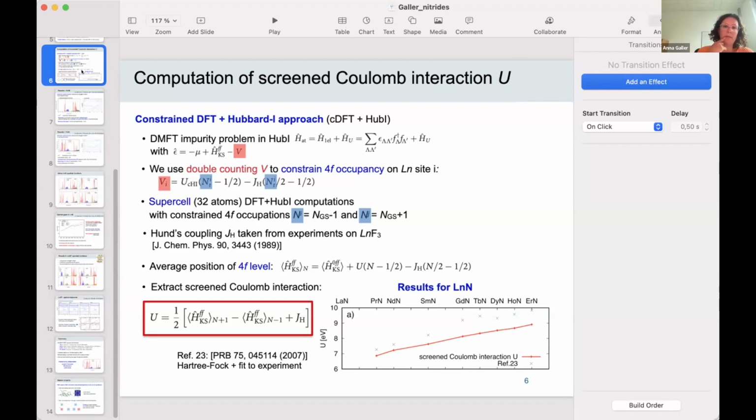I mean, you basically have the same model that you also use in your DFT plus DMFT simulations. Here in the Hamiltonian, you have the Kohn-Sham Hamiltonian projected onto your 4f subspace, right? Okay, so again, you also need to construct a model first before you can use this constraint DFT method.